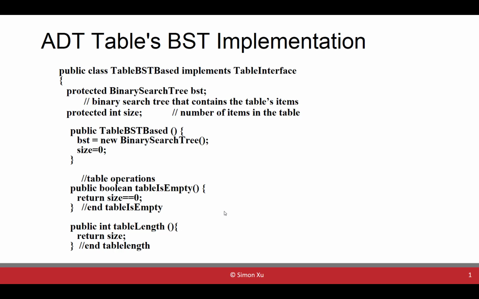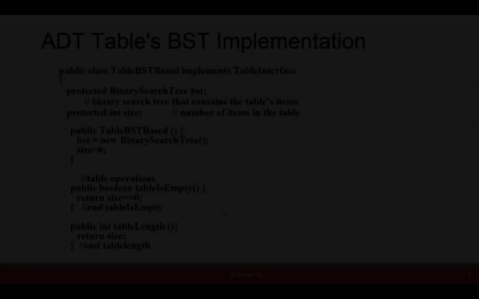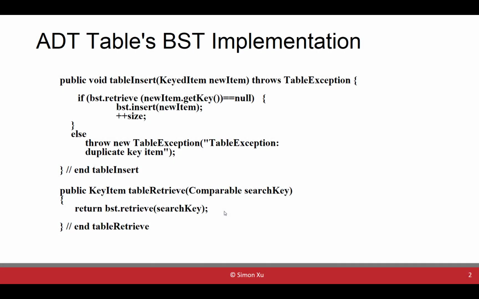Of course, the table length can be determined by the size data member of the table binary search tree based class. For the table insert method, we need to throw a table exception because we may insert the same item into the table. If that is the case, we have to throw an exception.